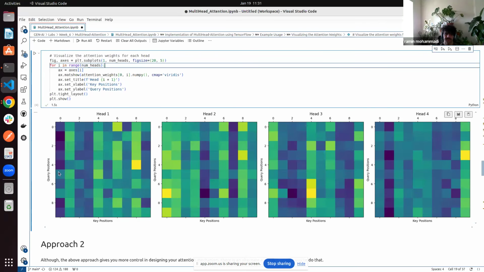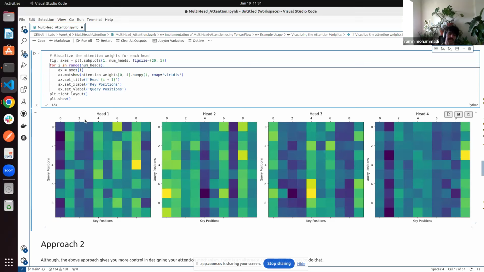This is dummy data, but think about an example where your queries are 10 words. You have all these positions for queries from 0 to 10, and again 0 to 10 here, because it's each word with respect to every other word, including itself.